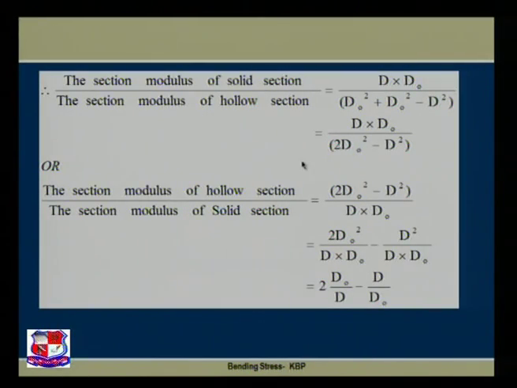So, finally we achieve the ratio of the section modulus between the solid section and hollow section is equal to d into do divided by 2 do square minus d square.